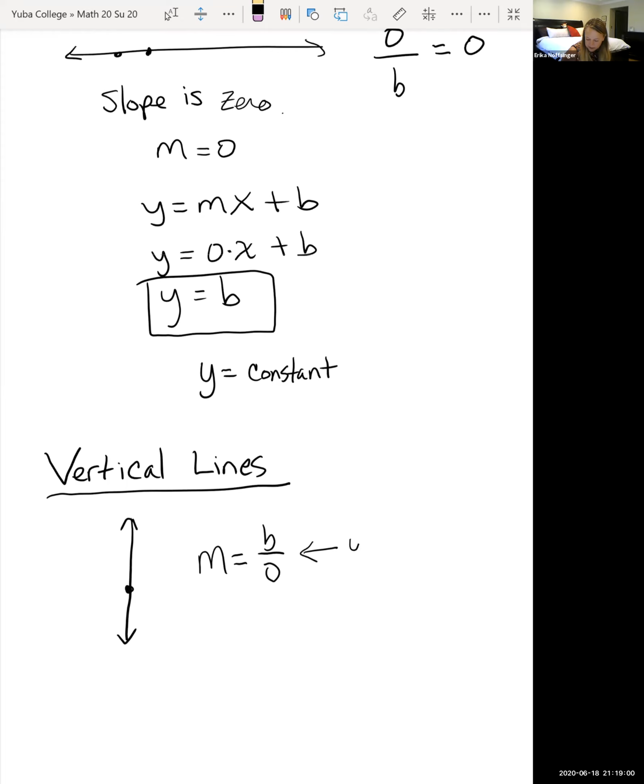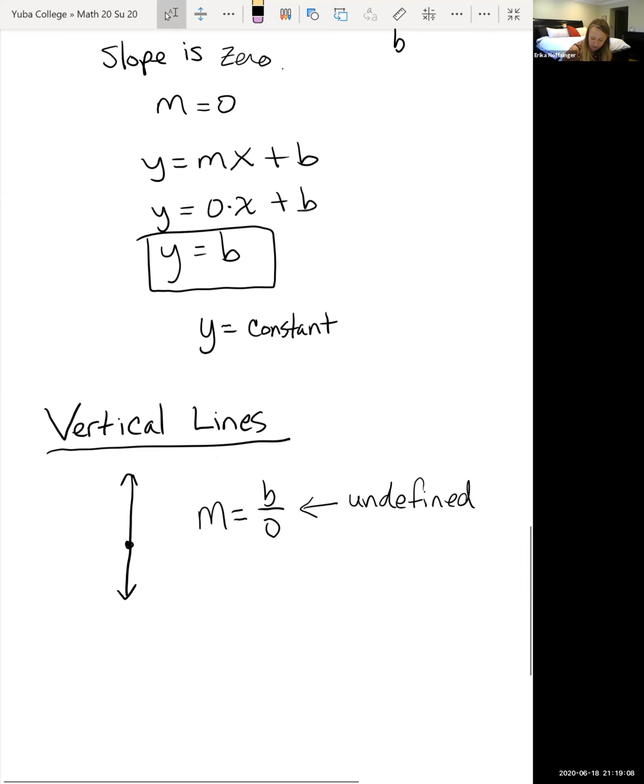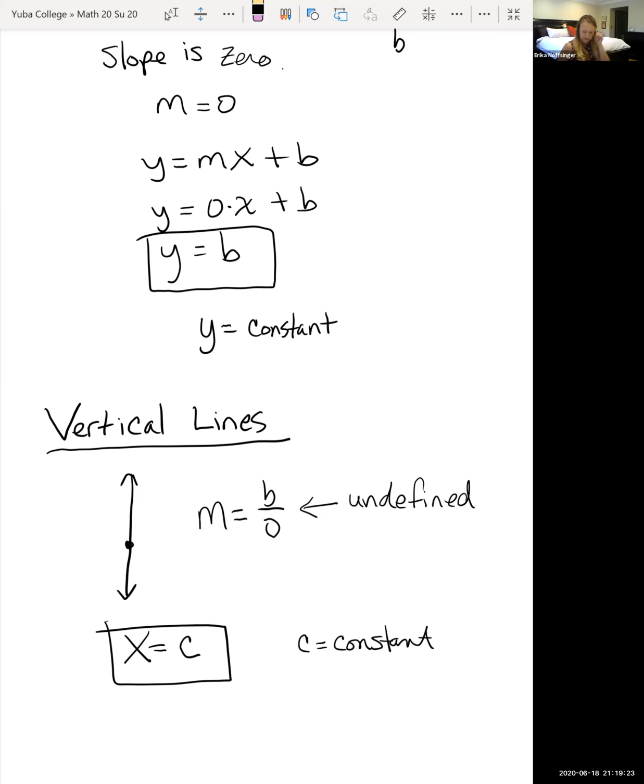If it's a vertical line, your slope is undefined. Vertical lines are always in the form x equals some number, let's say c. So if you look at an equation and you don't see any value of y in there, then you know it's a vertical line going through that number.